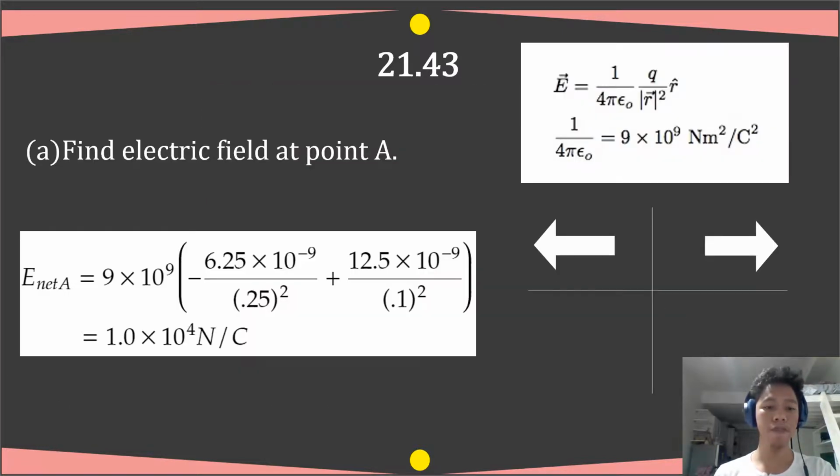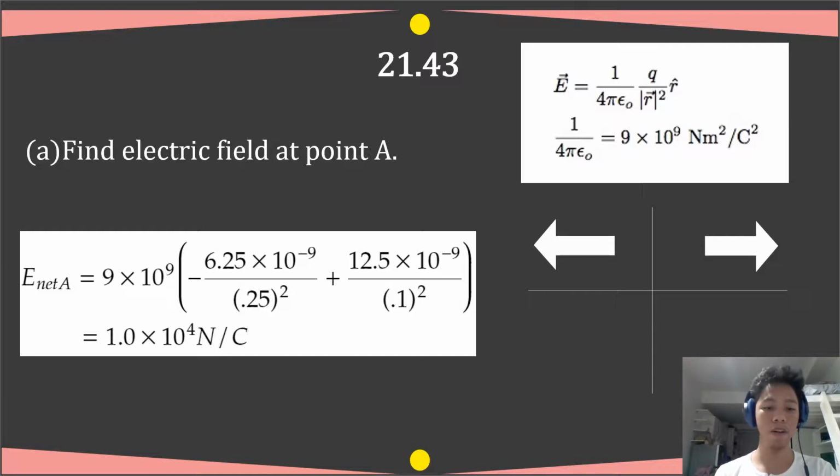So, first, find the electric field at point A. We're going to use the formula you can see at the top right to find the electric field. At the bottom right, you can see the free body diagram, which shows the two forces opposing each other.